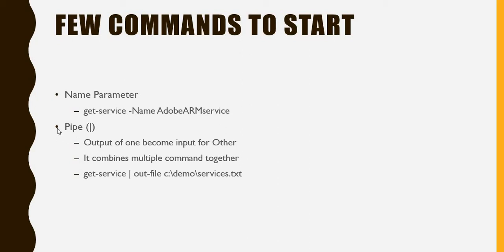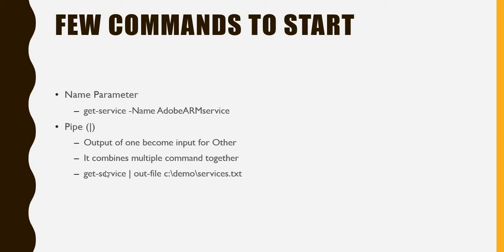Now this is the very useful pipe command. This is generally useful when you want to put the output of one command into the input of another. Suppose when you fire Get-Service, it will pull the whole collection of the services, whether running or stopped or everything. Now this pipe will work as a source.